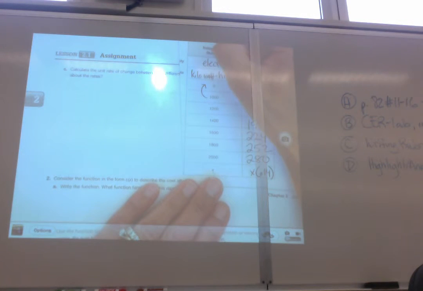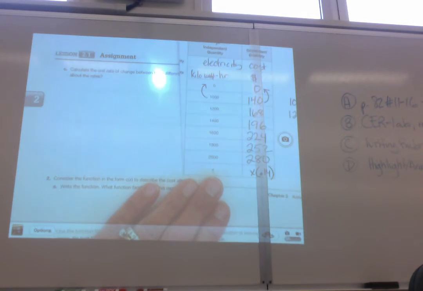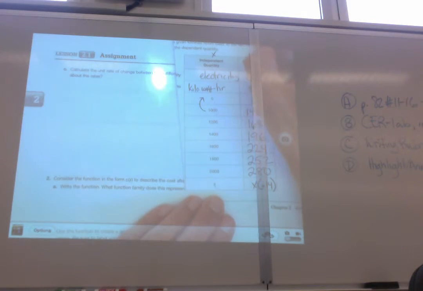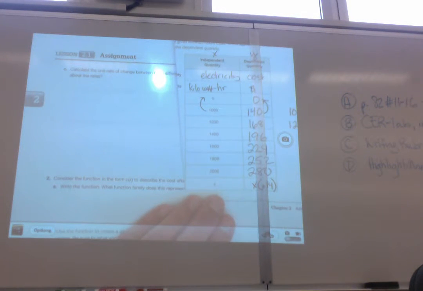The independent quantity is x and the dependent quantity is y. By convention, mathematically, we'll usually put x in the first column and y in the second column.